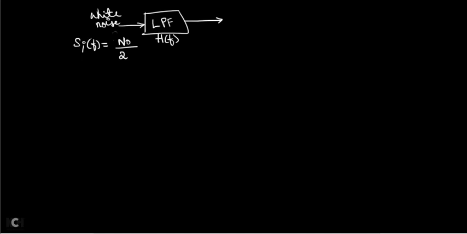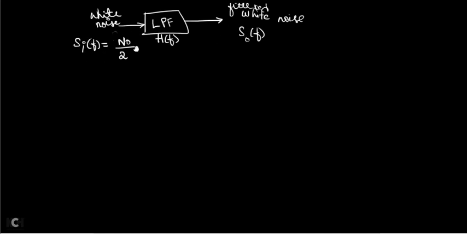Now what is the output? Output is also filtered white noise. Your output of the low pass filter is also noise, but the power spectral density I am going to call S0, output power spectral density, and Si is the input power spectral density.